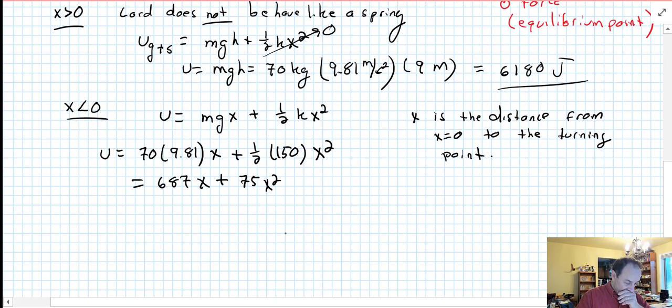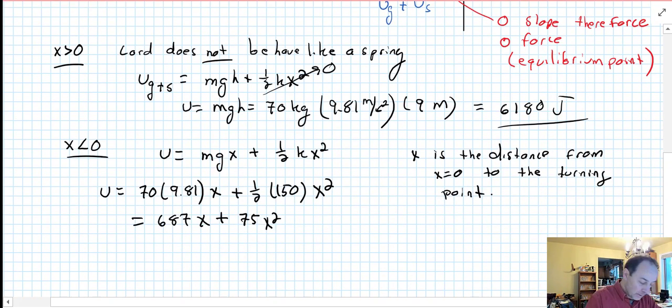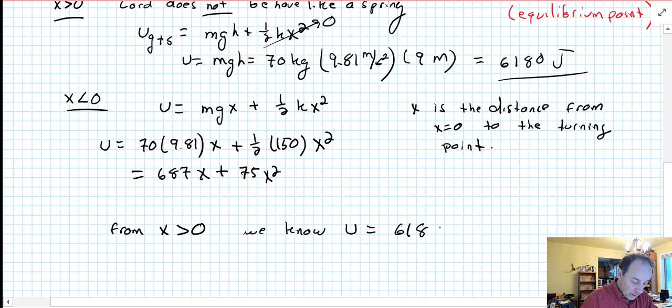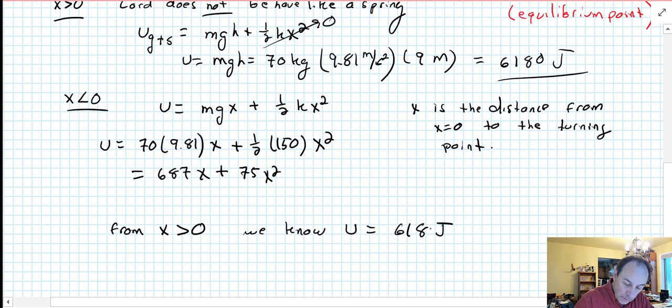All right, so to find the turning point, we know from x greater than 0, from that analysis, U equals 6180 joules.